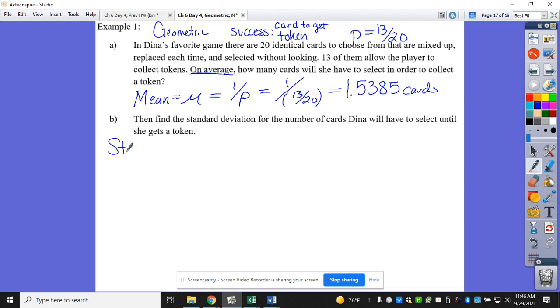And then standard deviation. What's my equation, or what's my symbol? Sigma. What's my equation? Square root of (1 minus p) over p squared.